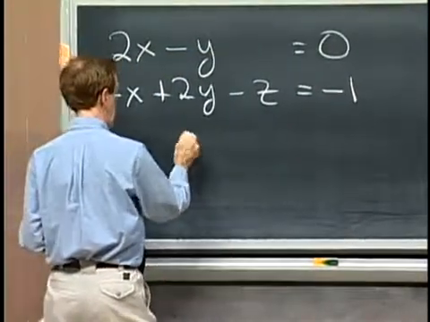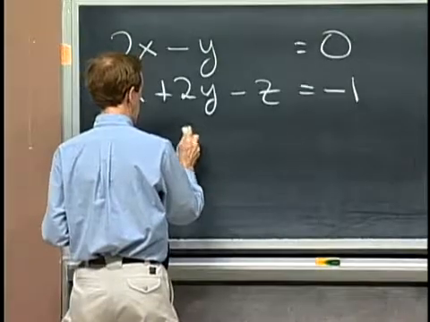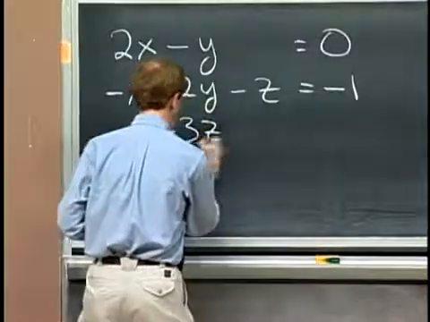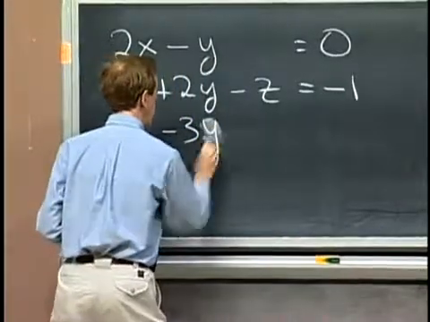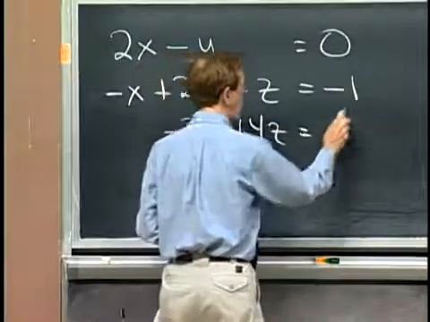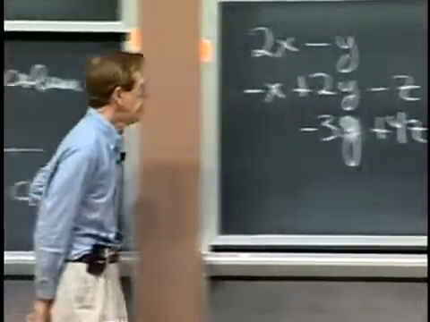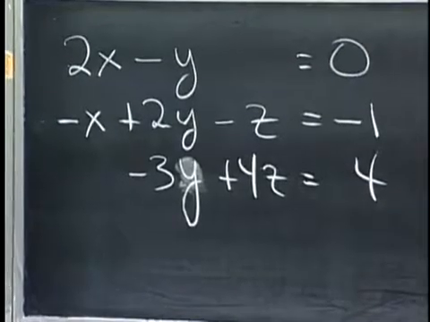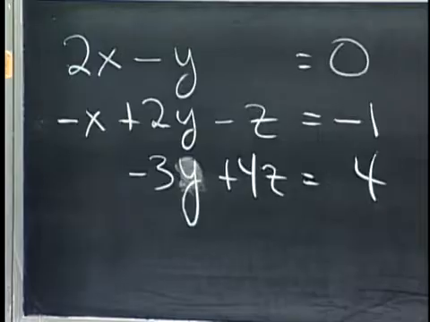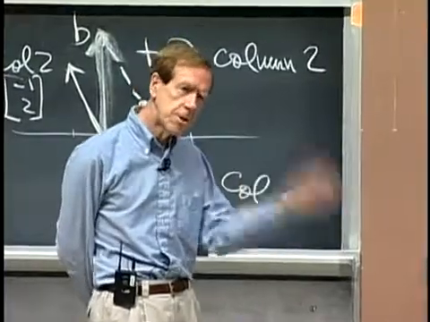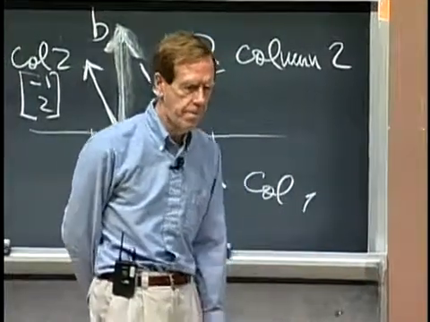And just for variety, let me take minus 3y's. I should keep the y's in that line. And 4z's is, say, 4. Okay. That's 3 equations. I'm in 3 dimensions, x, y, z. And I don't have a solution yet.